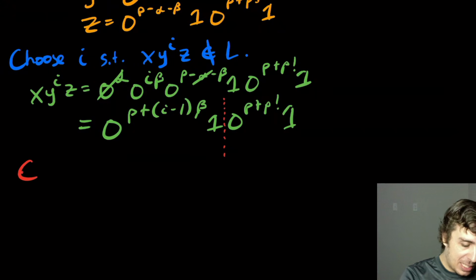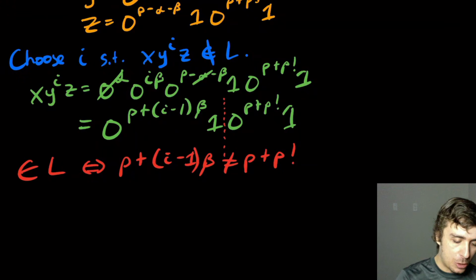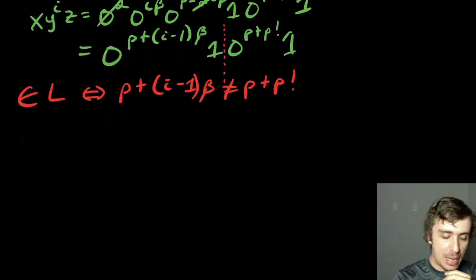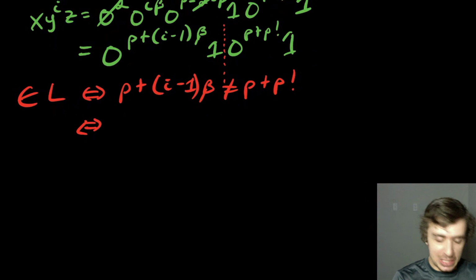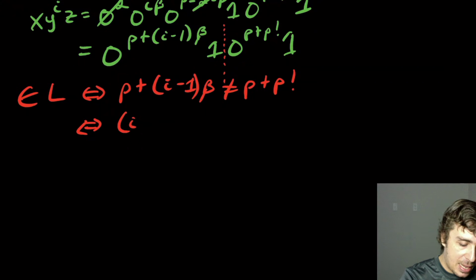It's in L if and only if p plus (i minus 1) times beta is not equal to p plus p factorial, so the two runs of zeros are not the same in length. Well, I can subtract p from both sides, and that's the same conclusion: (i minus 1) times beta is not equal to p factorial.